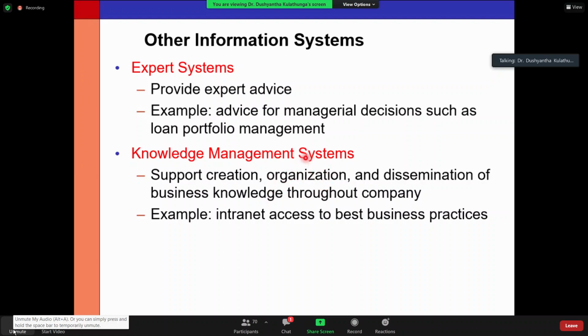This has to be determined by the organization, how the knowledge is stored, so that it can be easily communicated or used by the users or employees of the organization. And also we can disseminate the knowledge among the employees. So that is not related to the transactions performed.